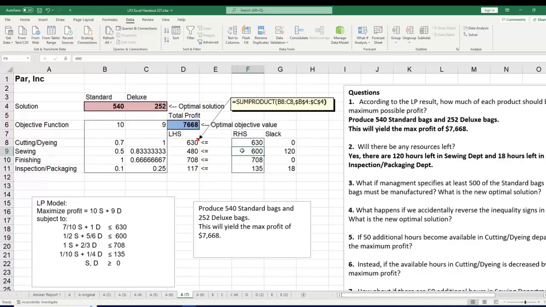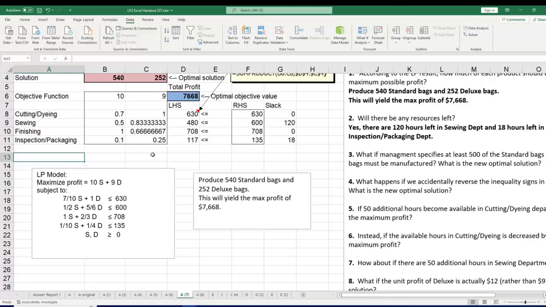Why not? Well, I already have some left over, so I'm not actually using up all of what I have. I got 600, and I'm able to use only 480. So what is the point of getting more? I can't even use up the resource I already have. Just by using some reasoning, some logic, I don't think that's going to make any difference.